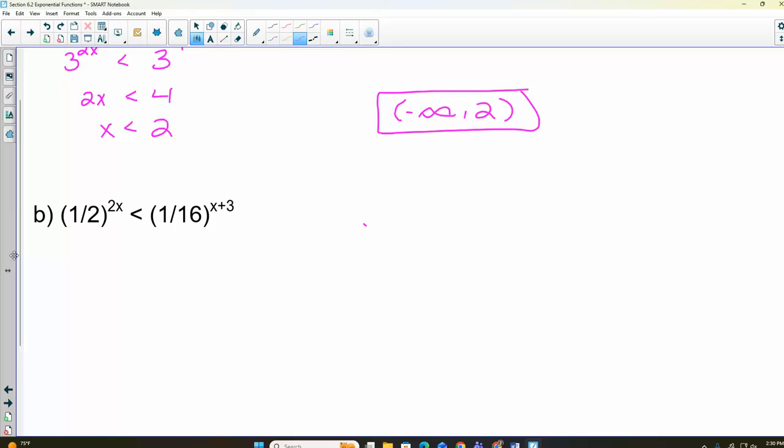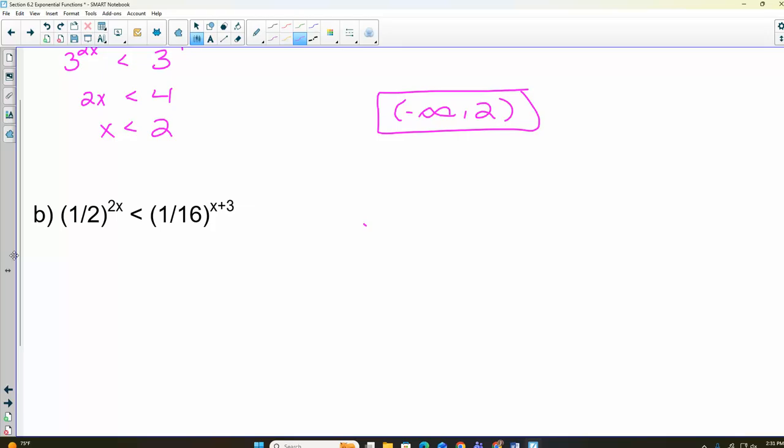One half to the 2x is less than 1/16 to the x plus 3. Because I have an inequality, I need to write this with a base bigger than 1. So I don't want to keep it as a base of 1/2.